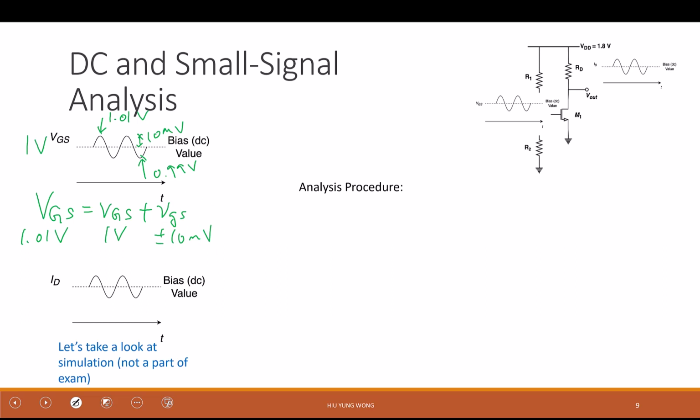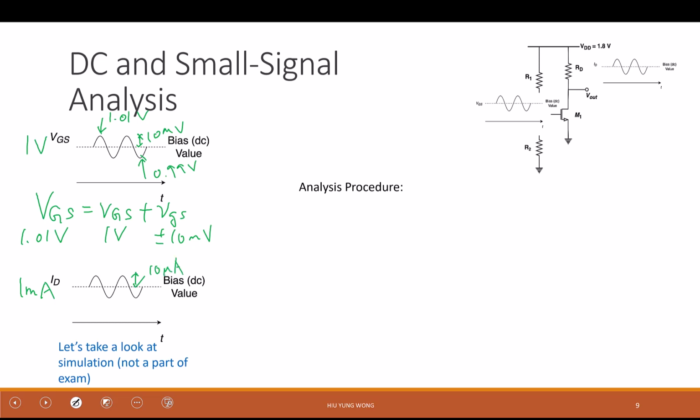Similarly, when I apply this VGS to this transistor or this circuit, it changes the current, it changes many things. But exactly what's going on? Well, this transistor was biased maybe at 1 milliampere. When you apply this small voltage, the current starts changing and fluctuating maybe by, let's say, 10 microampere.